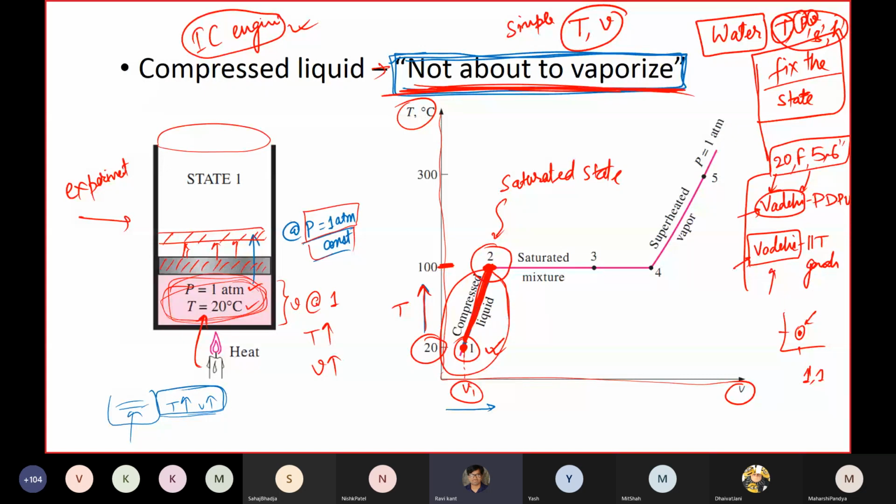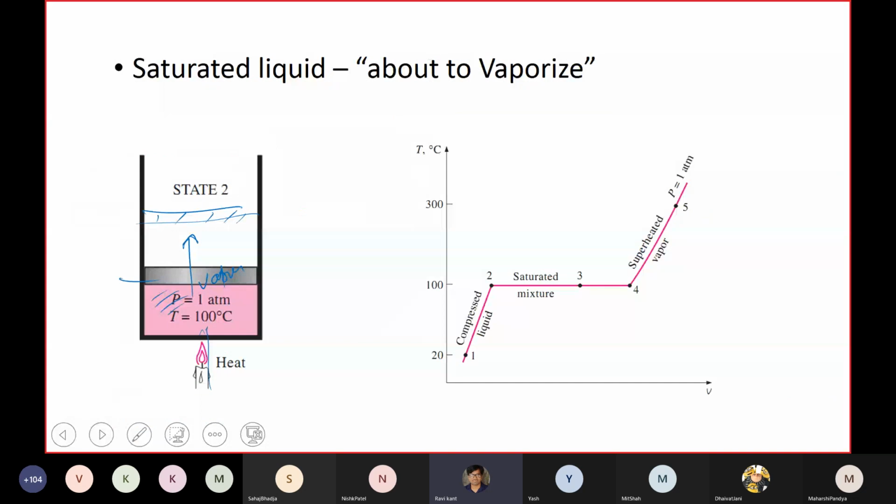Once the temperature reaches 100 degree C, water will tell us, okay guys, I am now in the saturated state. What does it mean? I'm no more increasing your temperature. Why? I'm going to change my state now, from liquid to vapor.